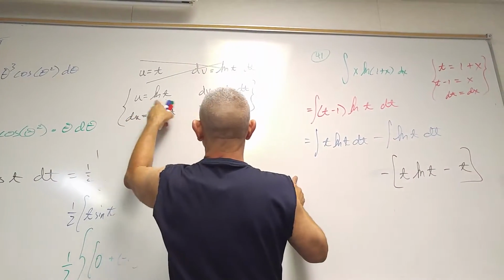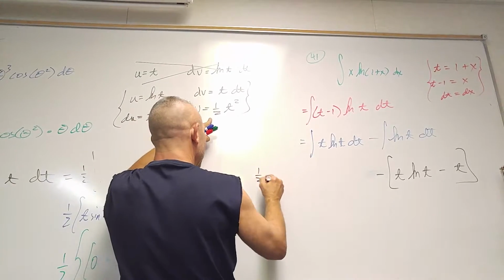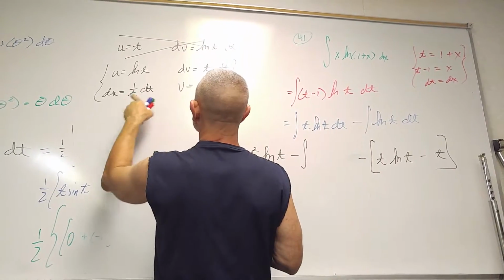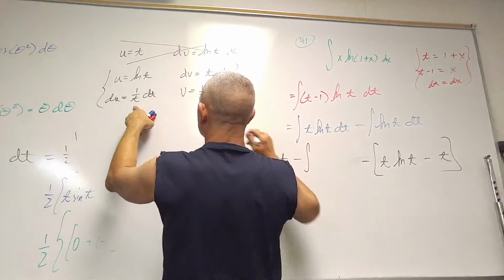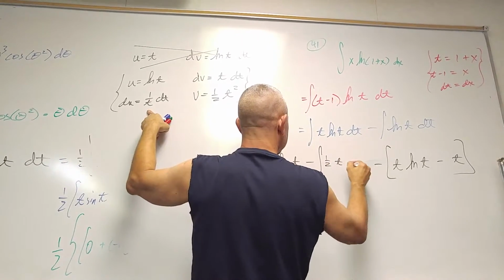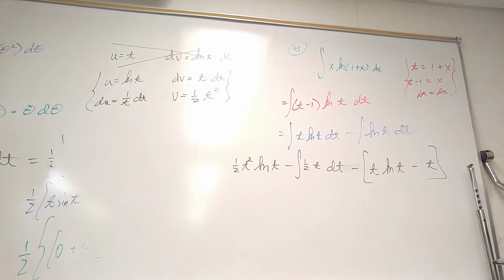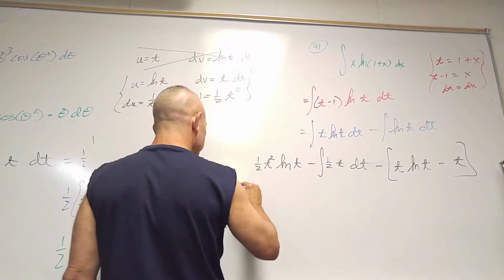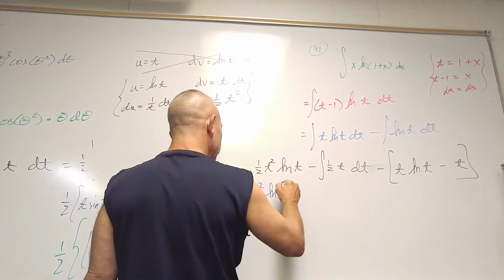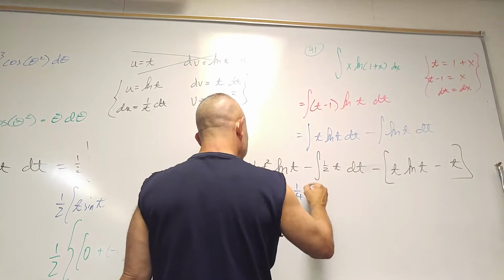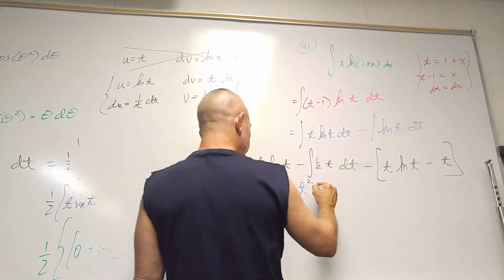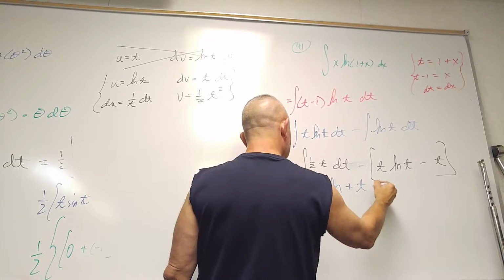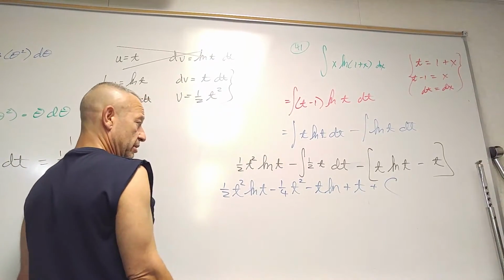Now here I get u times v, so 1/2 t squared ln t minus the integral of v du. Oh, and that worked out real nice, didn't it? That's 1/2 t dt. So now we're done. We have 1/2 t squared ln t minus 1/4 t squared minus t ln t plus an arbitrary constant, and nothing's going to simplify.